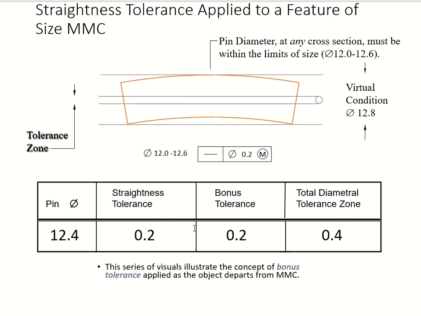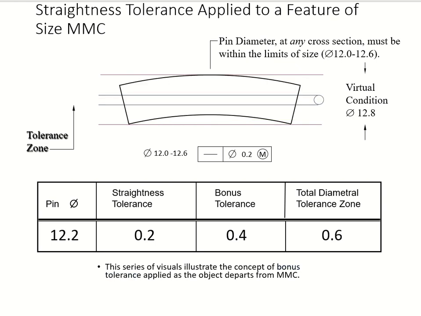Okay, so therefore you have 0.4, meaning you don't have a perfect straightness. You're going down from the max towards 12.0. Going down from 12.6 to 12.2, and we have bonuses 0.4, because they're 2 units down, so the combined is 0.6 now.